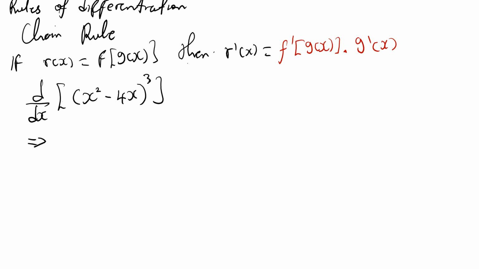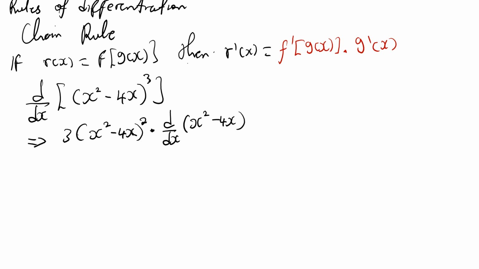So we are going to apply the power rule. Firstly, we drop this exponent of 3, then you keep your inside the way it is, x squared minus 4x. Then we subtract 1 from our exponent, and then we have exponent of 2. And then we multiply with the derivative of what we have inside, which is x squared minus 4x.